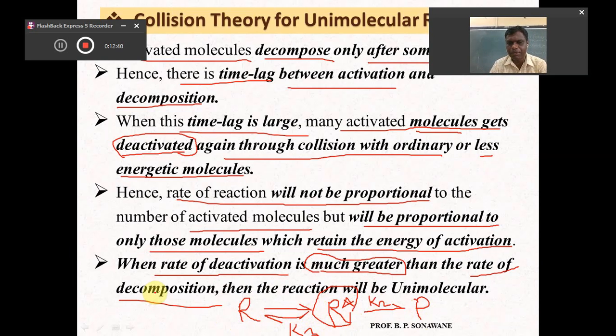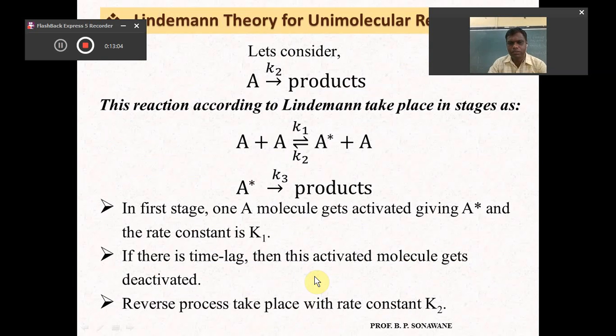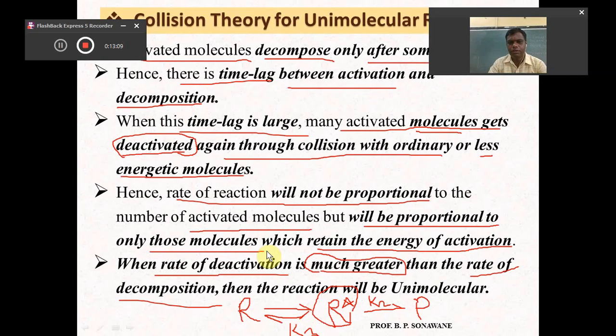Here, in order to explain how the unimolecular reaction can be studied by comparing it with the bimolecular reaction, definitely a number of collisions are going to take place. Whenever the rate of deactivation is much greater than the rate of decomposition, meaning the rate of product formation, then the reaction will be a unimolecular reaction.